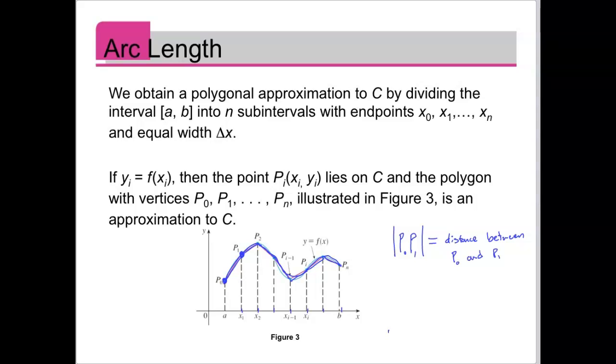So that's those 2 bars. It's not absolute value, it means magnitude. It's kind of a physics notation and it just means the linear distance between those 2 points, right?